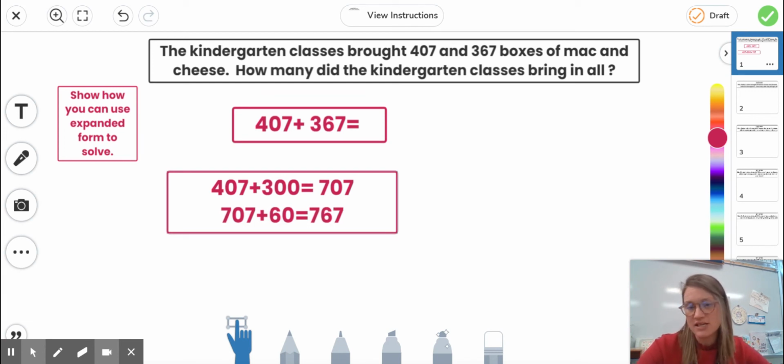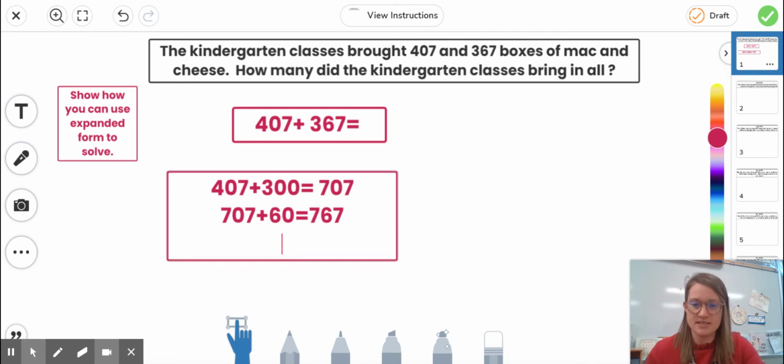Right? Or I can just think like 60 is 6 tens, and there's no tens here, so I can just add it to it. So now I'm kind of keeping track of the total as I go. So now I'm at 767, and I still have 7 more from up here to add, right? So now I'm at 767, and I need to add 7 more.